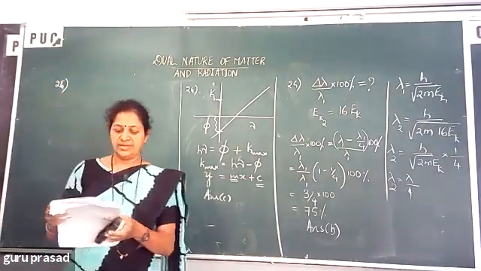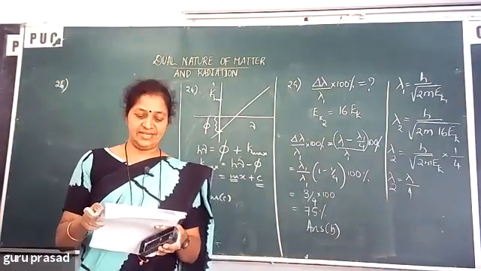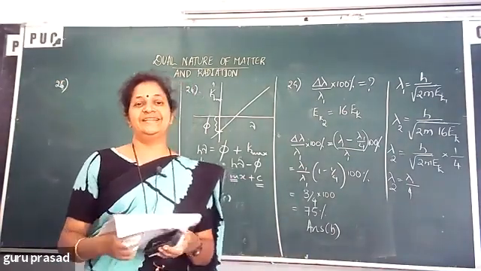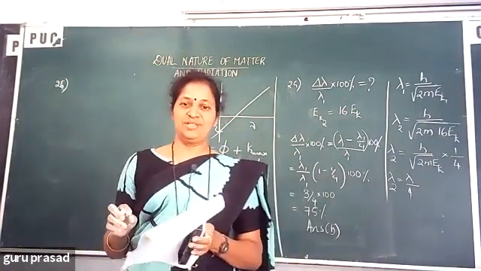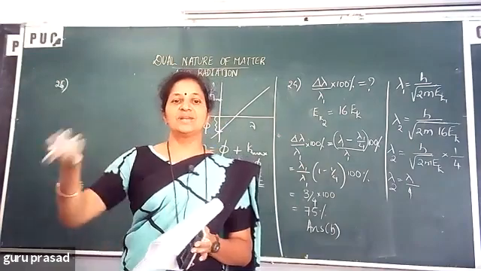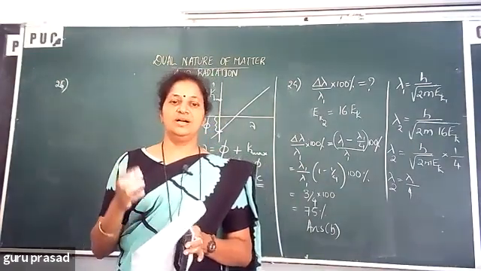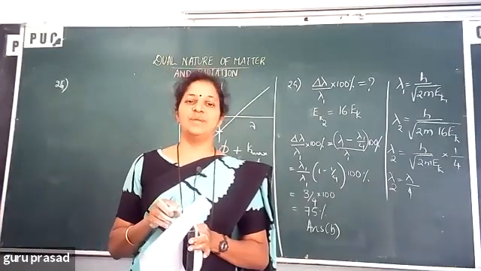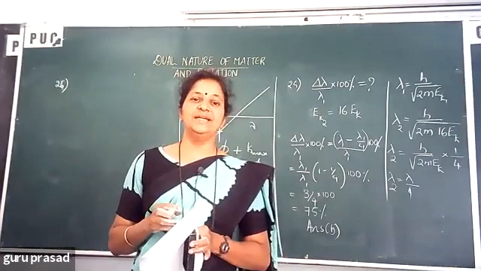Next, 26th: the de Broglie wavelength associated with the nth orbital electron. Here you have to combine two chapters, this chapter as well as the atoms chapter. Bohr's concept of angular momentum for the stationary orbit is mvr equals nh by 2 pi.